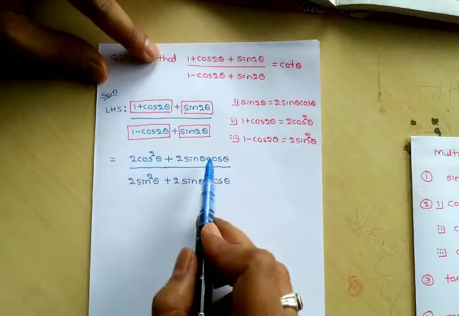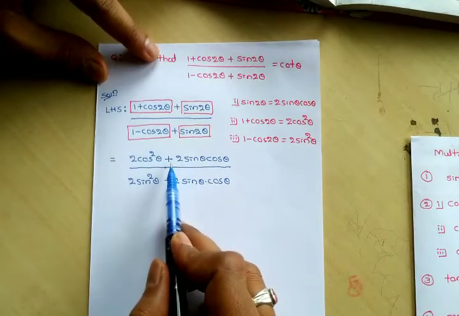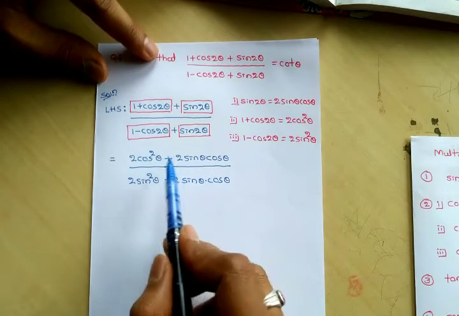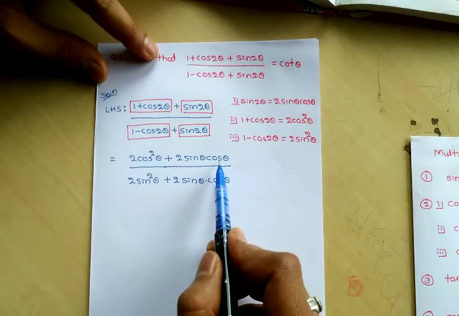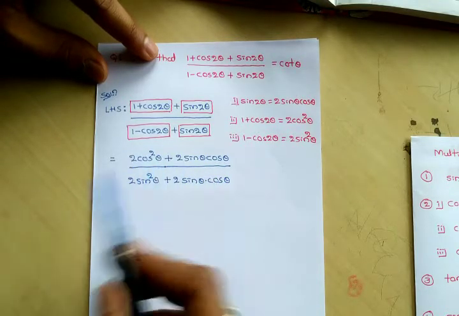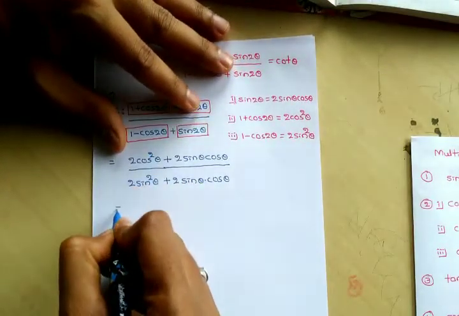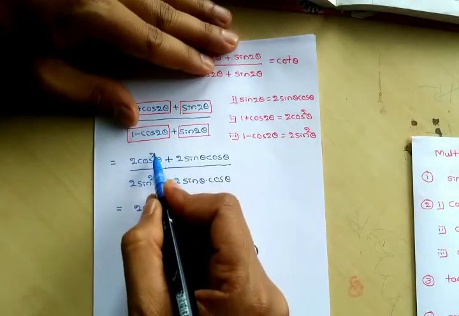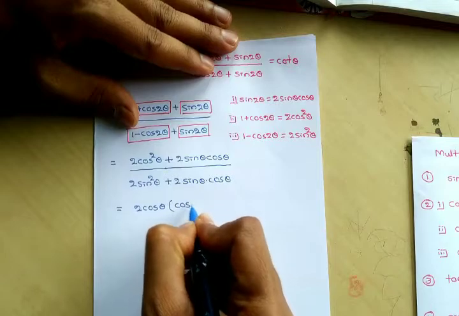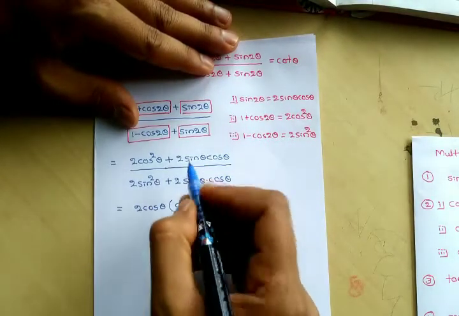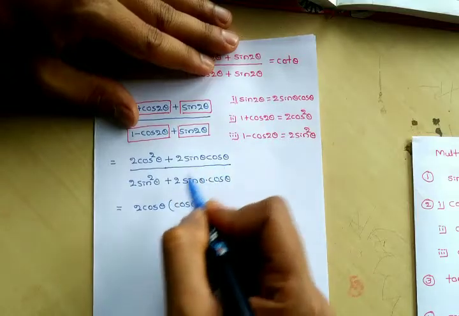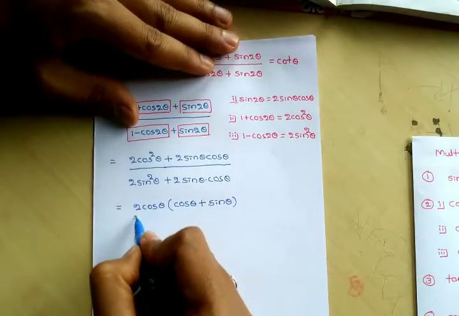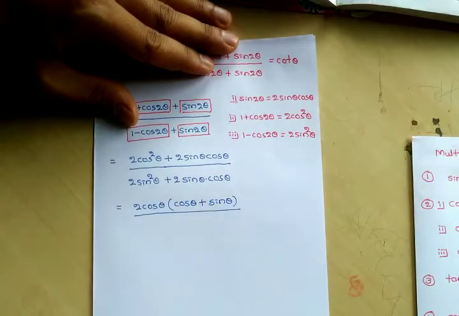This is the first, this is the second, and in between is the plus sign. In the first term 2 is there, here also 2 is there, here cos theta, here also cos theta. So you can take 2 cos theta outside, that is common. If I take 2 into cos theta outside, remaining in the first term is only 1 cos theta, plus if I take 2 and cos theta outside from this, the remaining value is sin theta, correct?